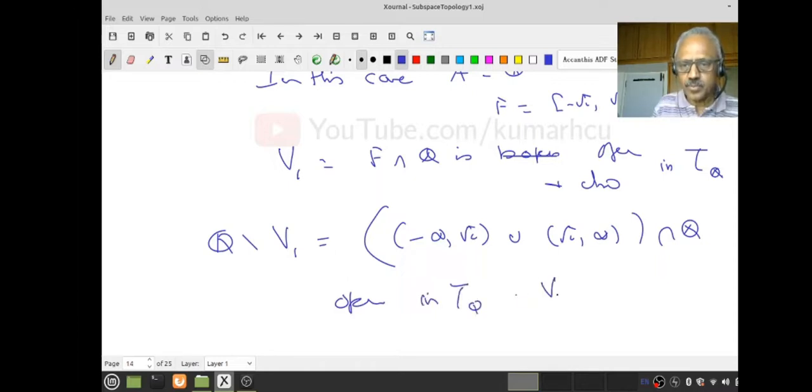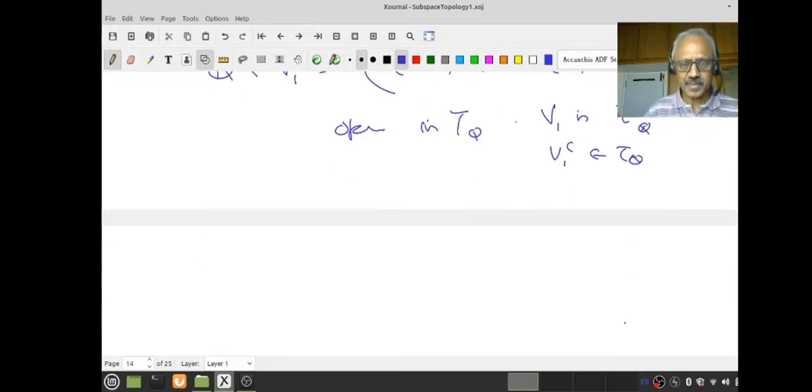Therefore V1 is in tau_Q, and V1 complement is also in tau_Q. Therefore V1 is both open and closed in the subspace topology. Please pause, review, proceed.